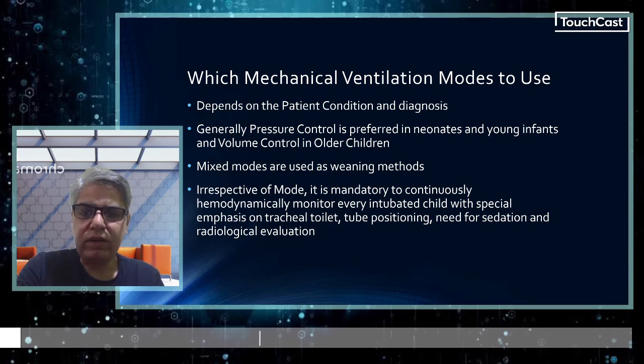Also you have to check the need for sedation, because if a child is deeply sedated, definitely the machine has to do all the work. But if you are trying to wean off the child, then the sedation needs to be lowered to see whether the child starts spontaneous breathing or not. And it's also mandatory to do some radiological evaluation with chest x-rays to see if the underlying pathology is clearing up or not.